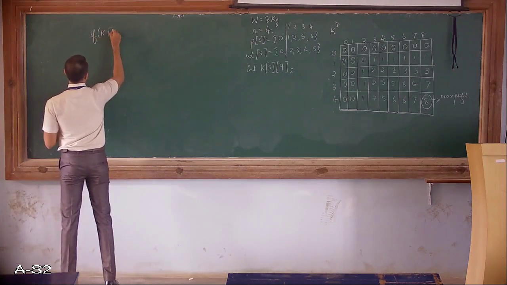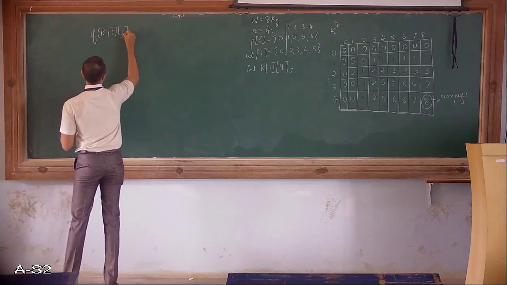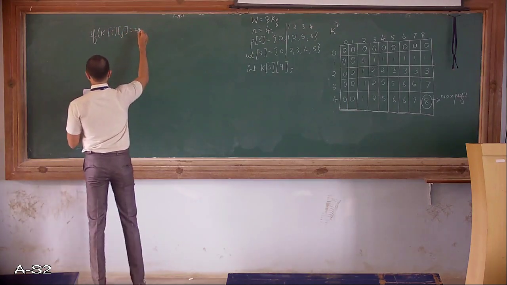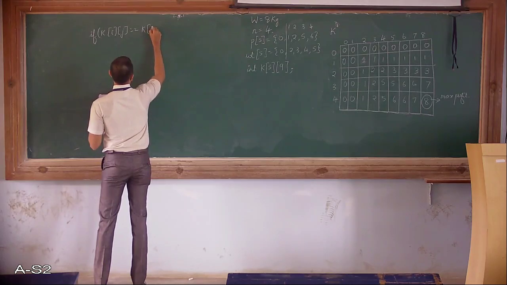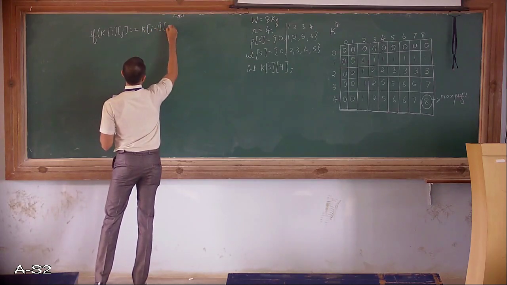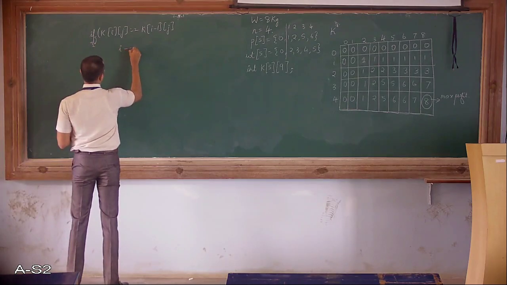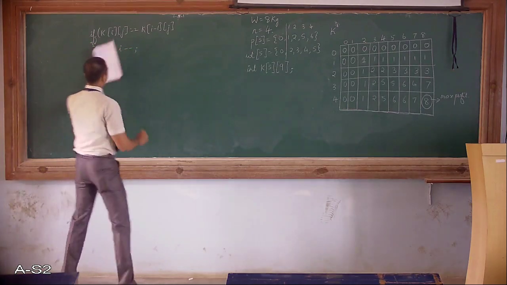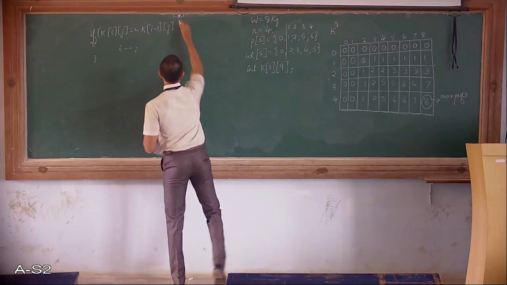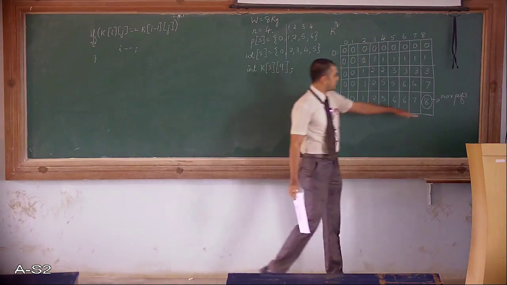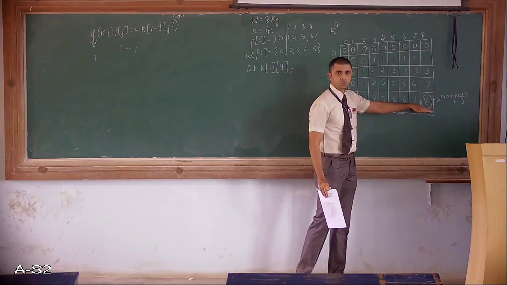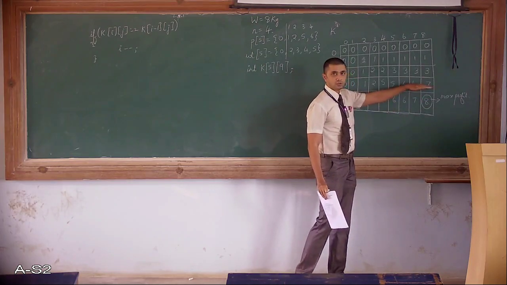If k of ij is equal to k of I minus 1 j, which means I minus minus. What does this line mean? We are comparing the value present in this row with the value present in the previous row.